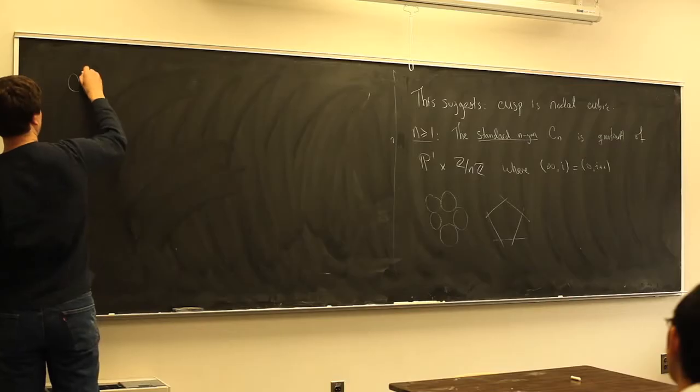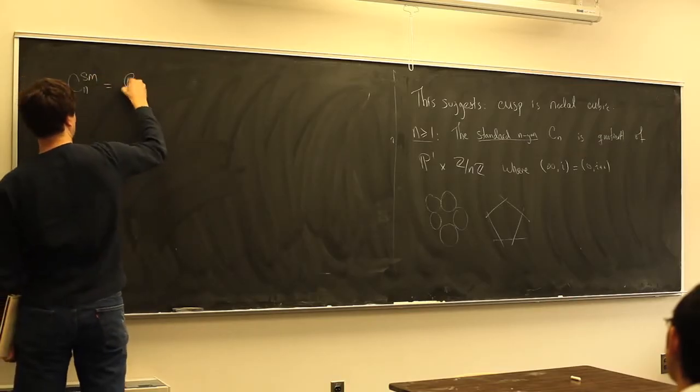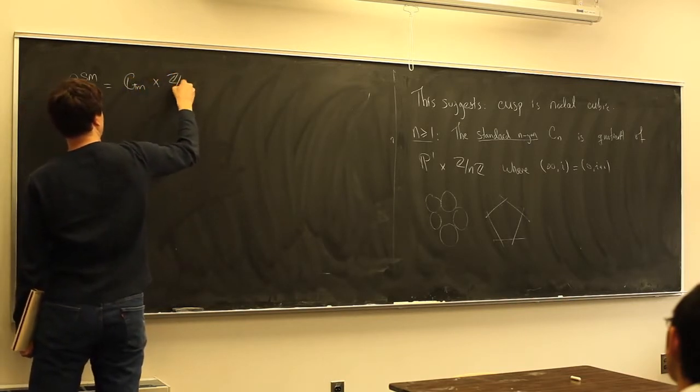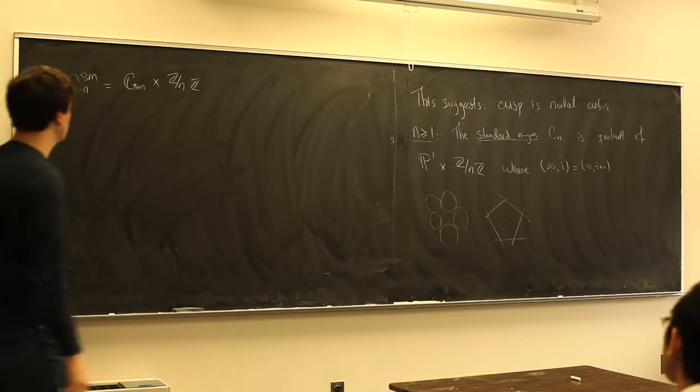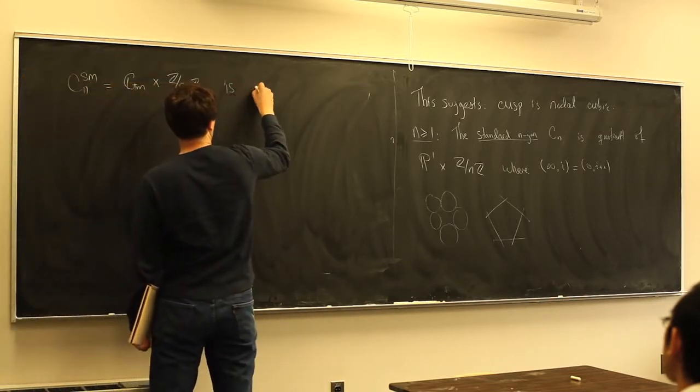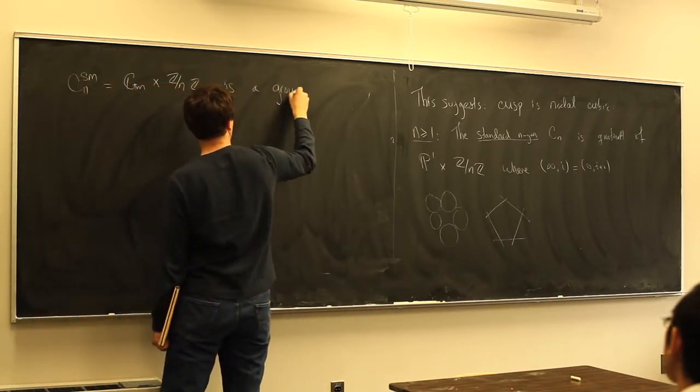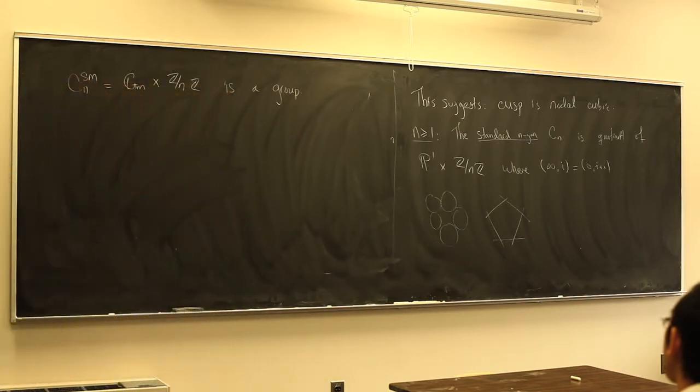And the smooth locus of this is just the place where you remove these points where there are nodes. So the smooth locus is just GM times Z mod NZ, and so this is a group. Furthermore, the group acts on itself by multiplication, and that action extends to an action on the full thing.